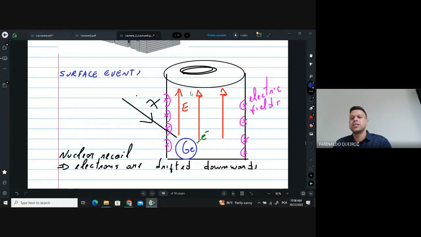Anyways, so let's say I had just the figure in black, a cylinder, and an electron comes in here, and then it's drifted upwards. However, how am I going to distinguish if a neutron comes in right here and induces a beta decay? One product is a proton, so it will be shifted in a different direction.